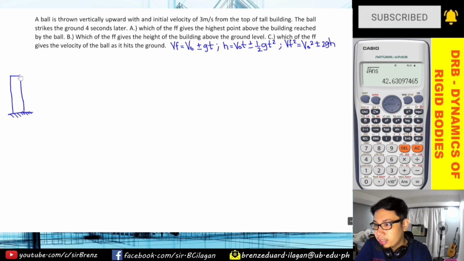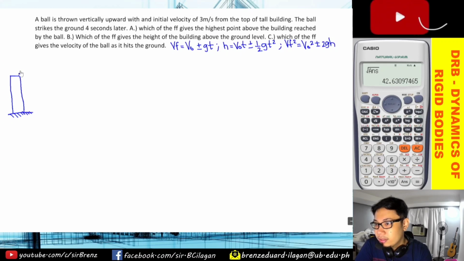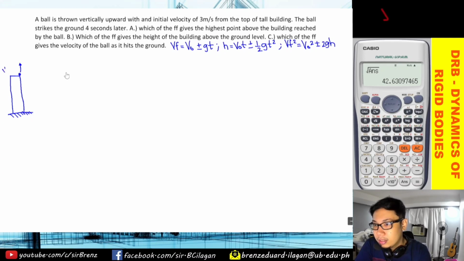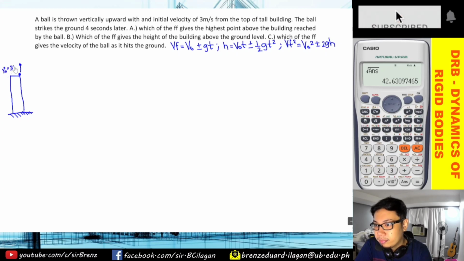So, ano na lang, represent natin ng particle. Ayan. So, may naghagis with an initial velocity of 3 meter per second, vertically upward. So, the initial velocity is 3 meter per second.